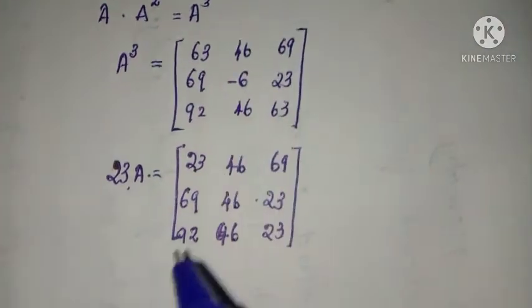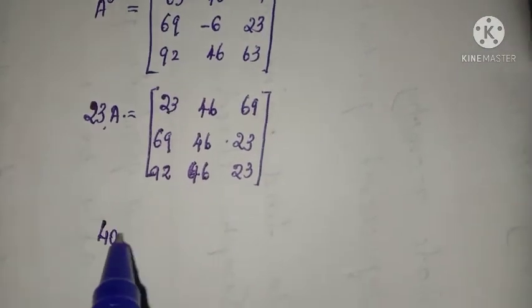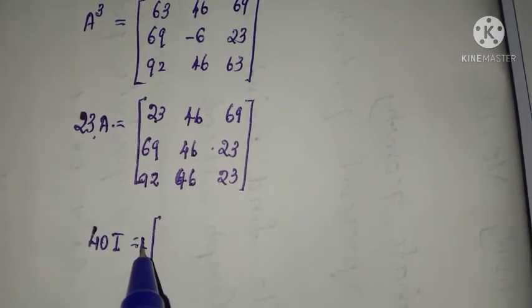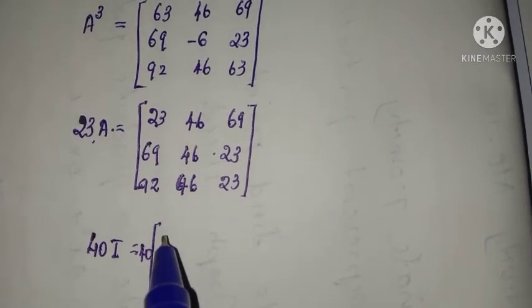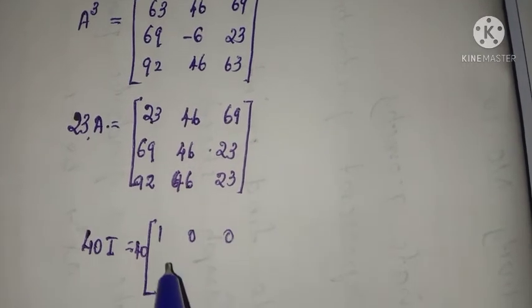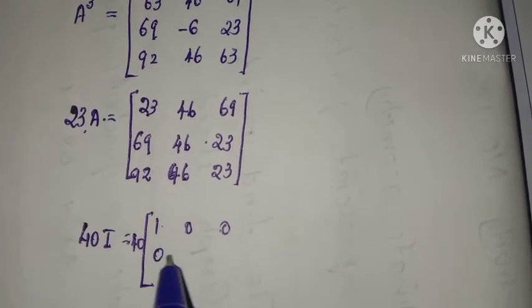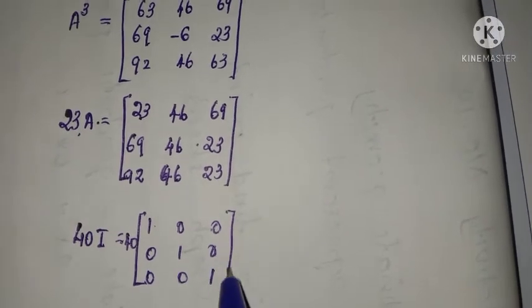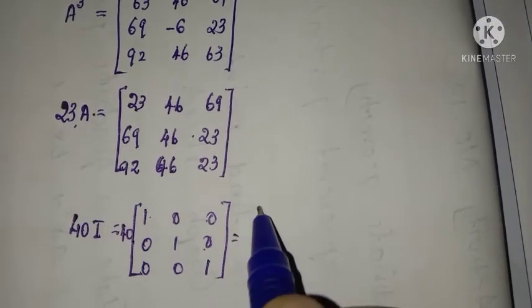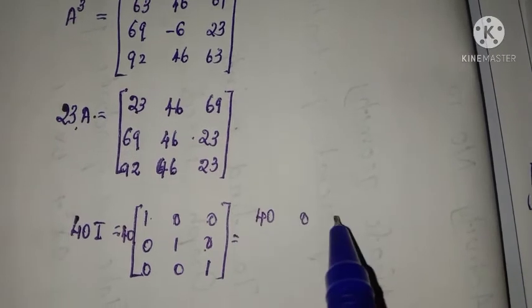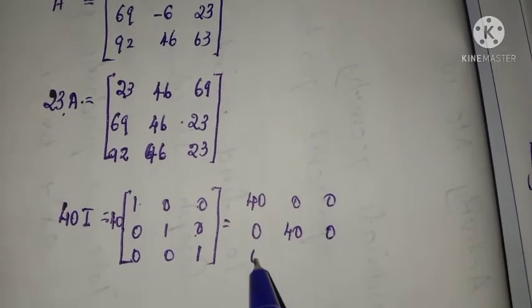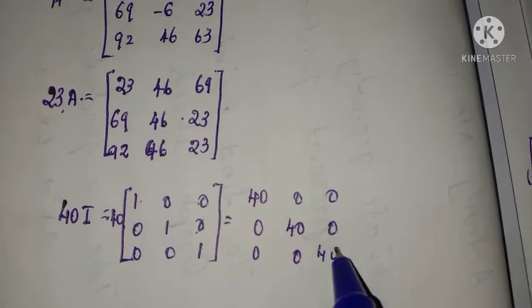Now 40I. I is the identity matrix. So 40 into the identity matrix for a 3 by 3 matrix, which is 1 0 0, 0 1 0, 0 0 1. So 40 into this matrix means 40 0 0, 0 40 0, 0 0 40.